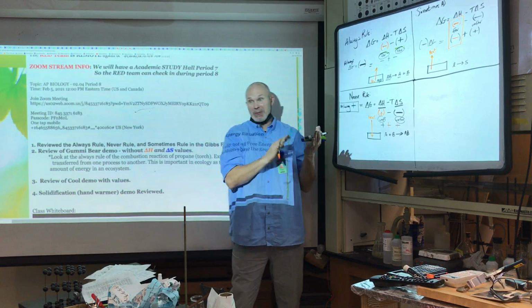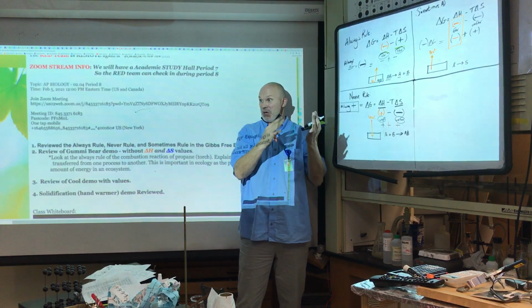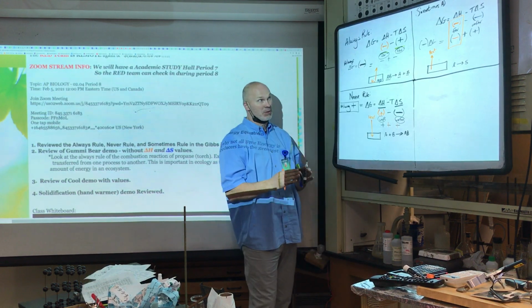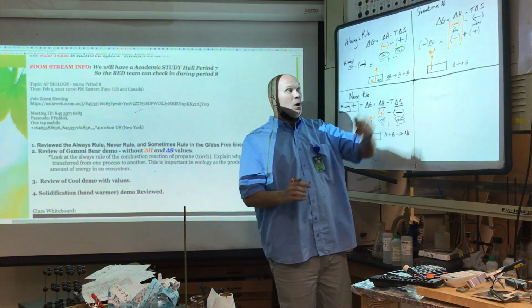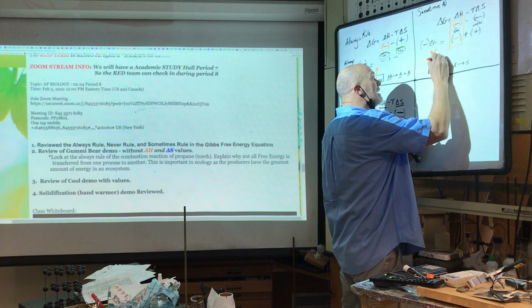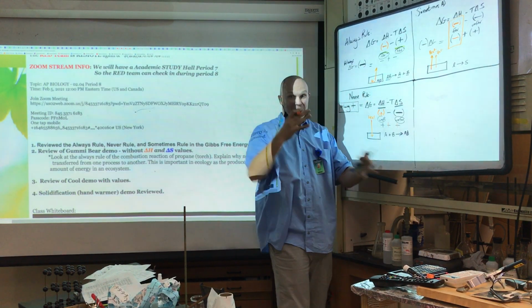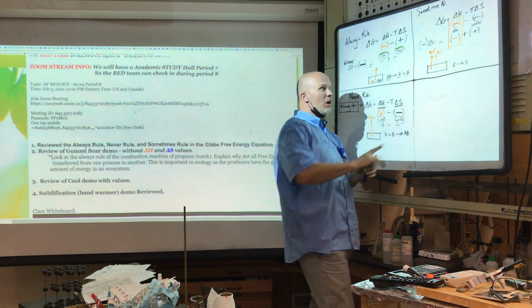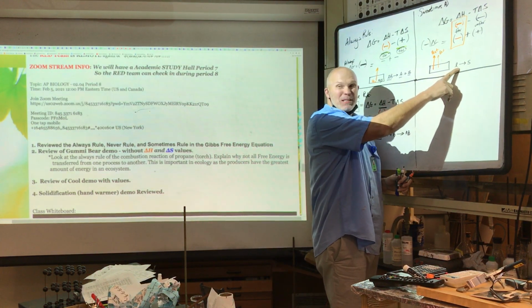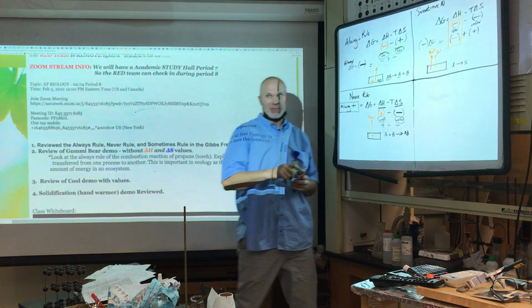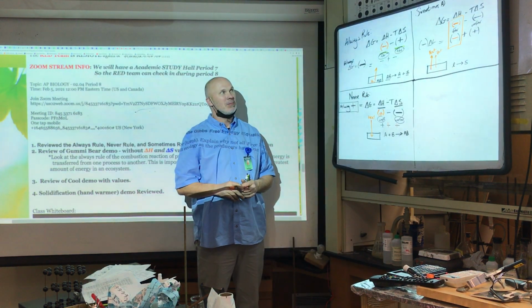We want a negative delta G to make the delta S of the universe positive, which means it's spontaneous and it works and there's a pathway. So we have to release enough heat to make the surroundings go fast enough to overtake the system's bad entropy change. Yes? The only thing that confuses me is once you change it, then it looks like the entropy is favorable because it's a plus.